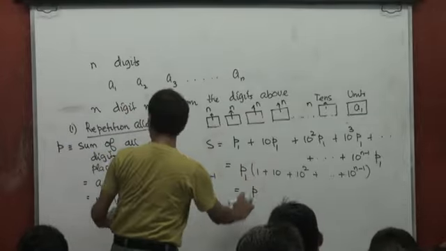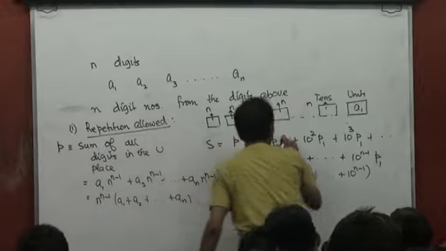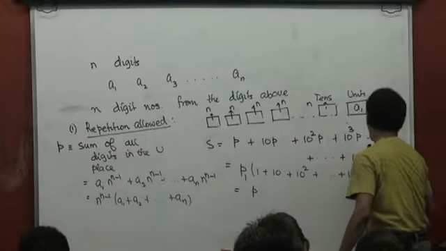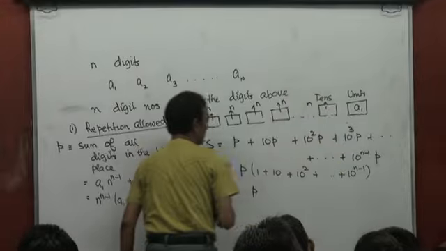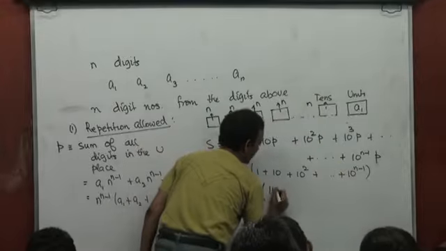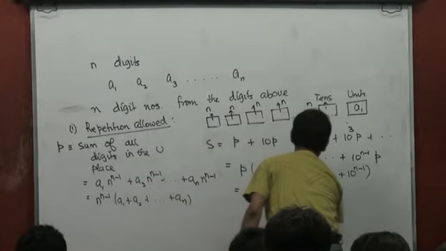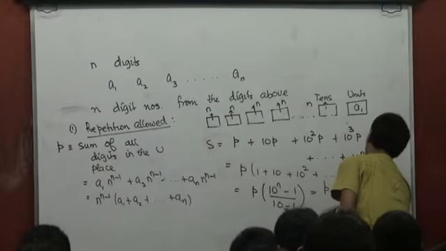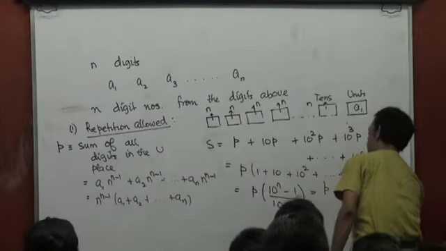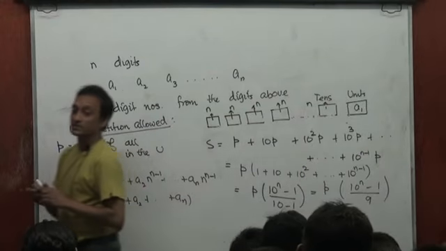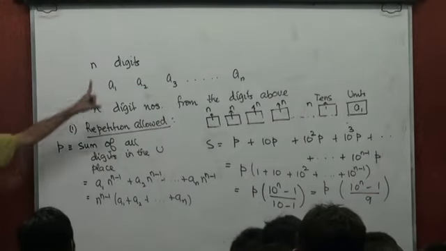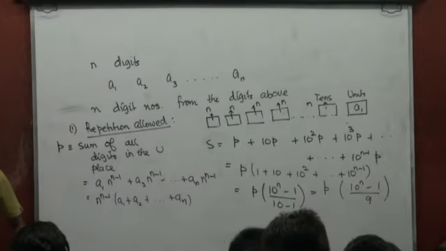I'm sorry, I've not used P1, I've used P. So just call it P, into 10 to the power n minus 1 by 10 minus 1, which is P into 10 to the power n minus 1 by 9. This is the sum of all the numbers produced out of these digits with repetition allowed.